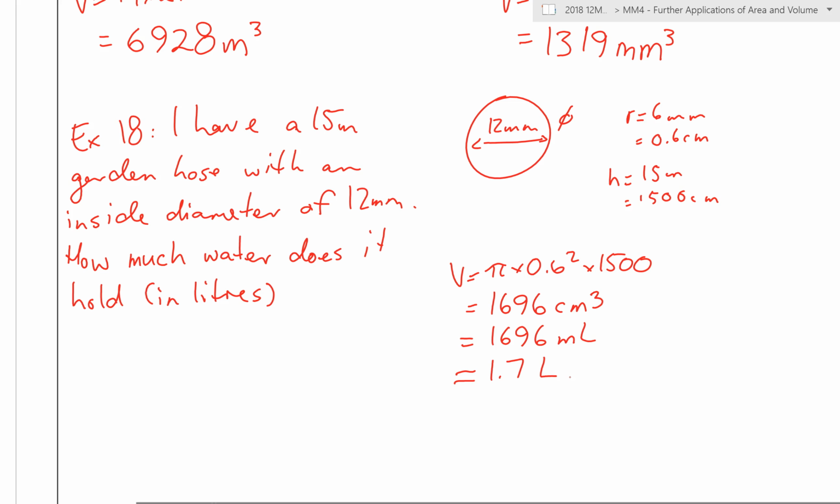So that was one question I wanted you to look at. Now, another question that we haven't really looked at here, is it's not terribly uncommon for you to be given a volume and have to work out either the area of the base or most typically the height.